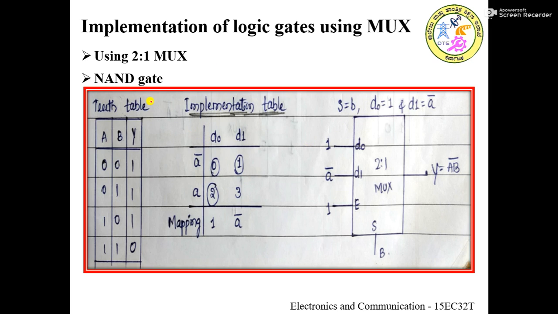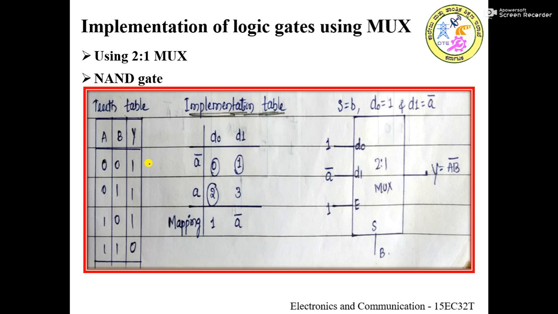Similarly, for the NAND gate, B is connected to the select line of the 2 is to 1 mux, and again here also A is treated as the map entered variable. We write the implementation table. The D0 and D1 are modified according to the implementation table here.